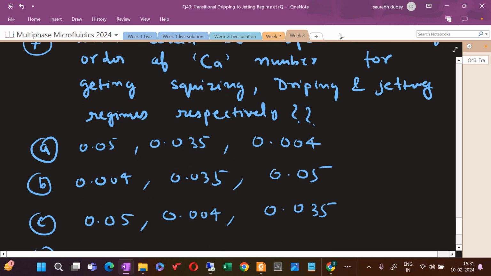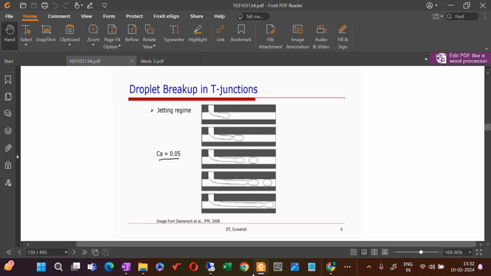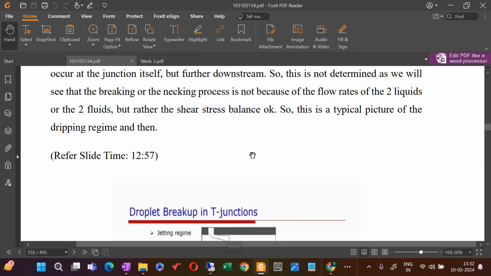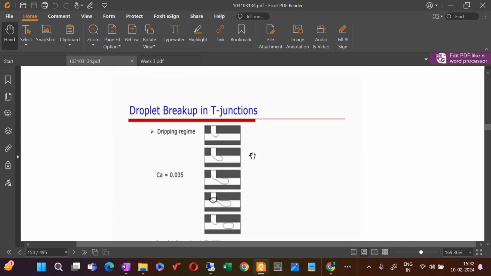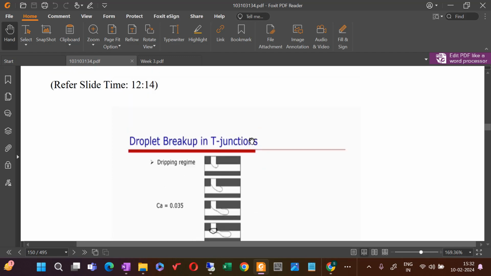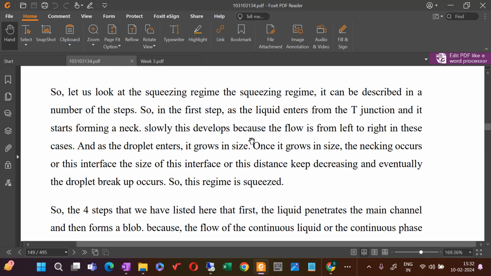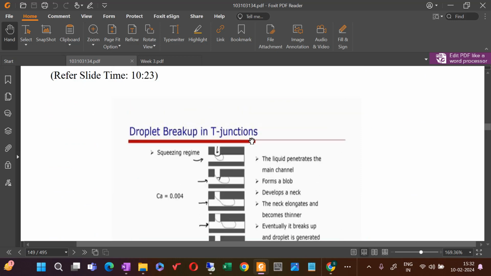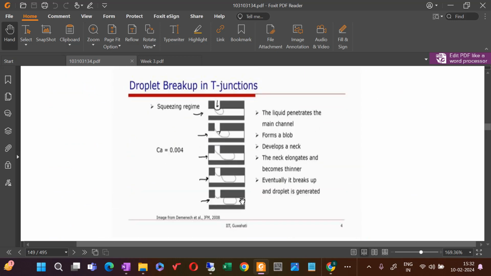So if you have listened to the discussion that we had, these are phenomena that are happening. Let me take them at the same level, so things will be a bit clearer to you.